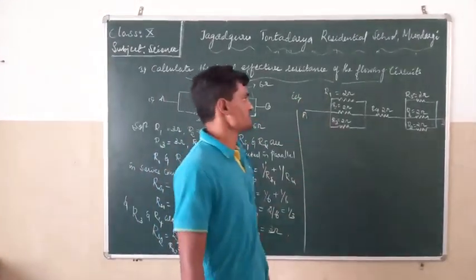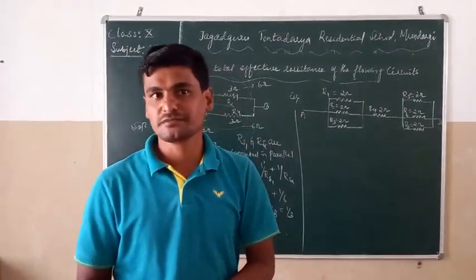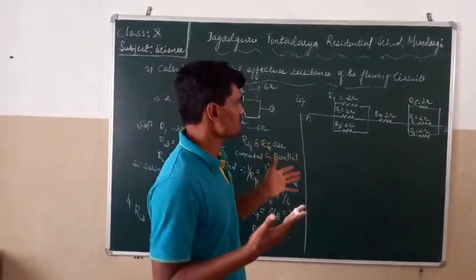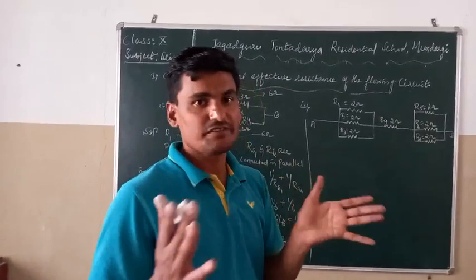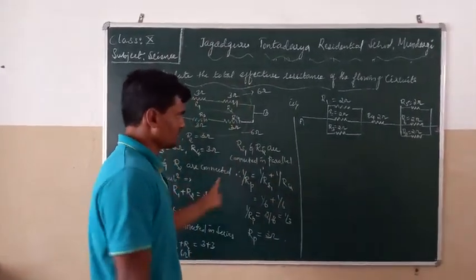So what about in this case? Same practice, same thing. Before going to that, how many resistors are there? Total 7 resistors, right? R1, R2, R3, R4.